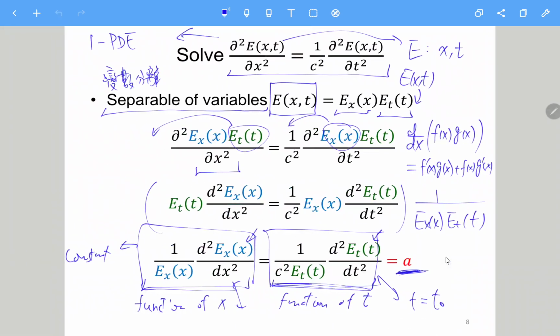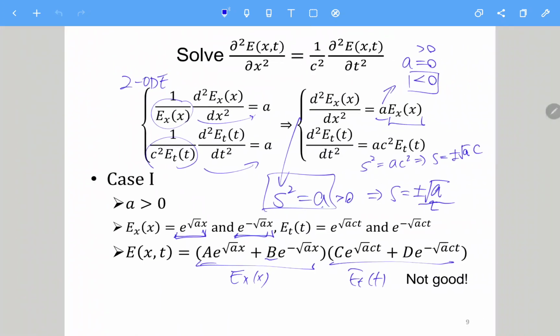Originally we assumed that E(x,t) is E_x times E_t, which means we just multiply these two functions together. But we actually don't like this solution, because if x tends to infinity, this exponential will also go to infinity.